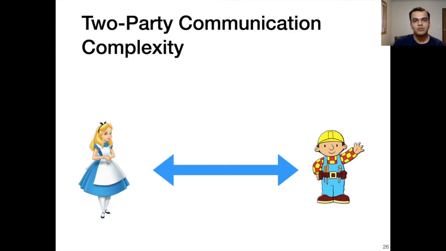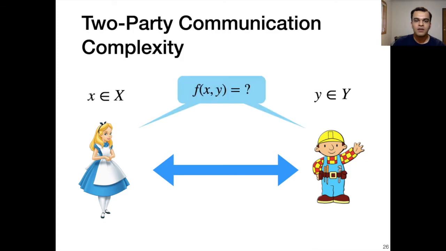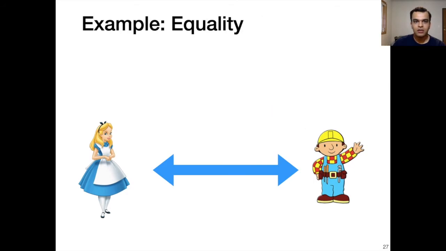In the two-party communication complexity setting, we have two parties, Alice and Bob. Alice is given a private input x and Bob is given a private input y, and they both need to compute the value of a certain joint function f of x and y. Take equality as an example.